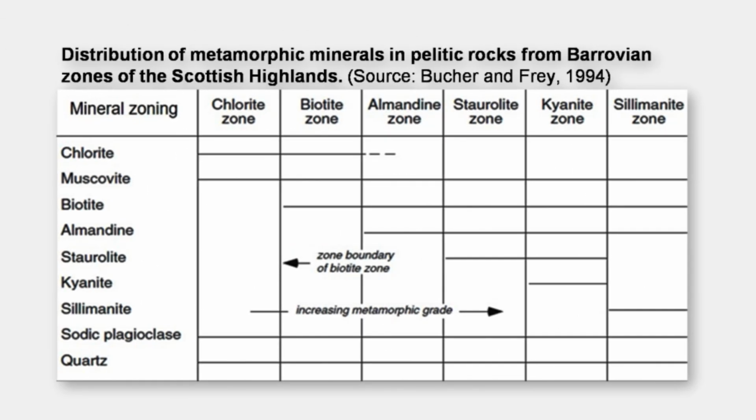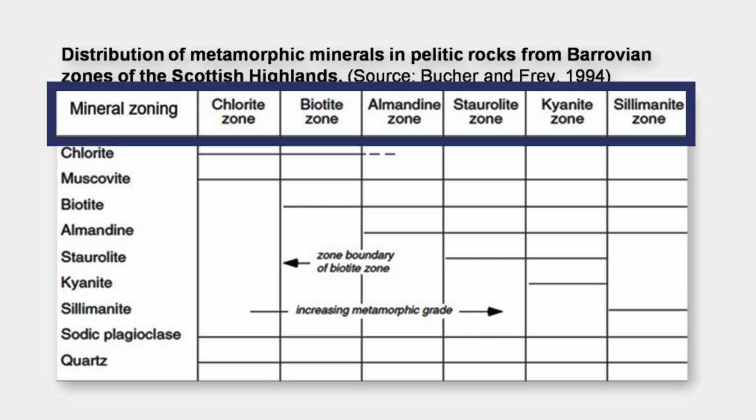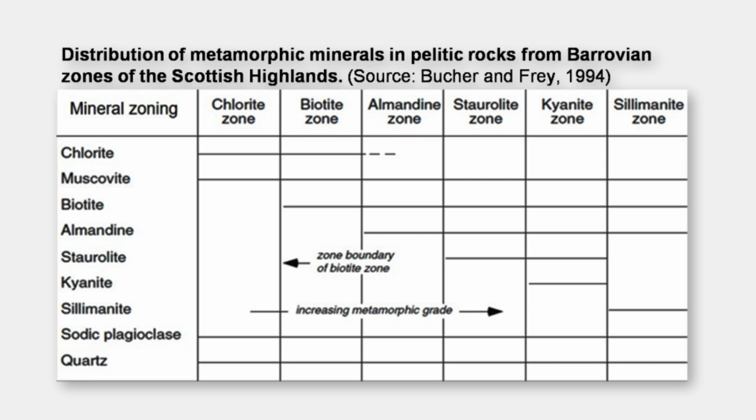The distribution of metamorphic minerals in pelitic rocks from Barrovian zones of Scottish Highland is shown over here. The mineral zoning, let us start with chlorite, muscovite, biotite, almandine, staurolite, kyanite, sillimanite, sodic plagioclase and quartz. The first zone is chlorite zone.